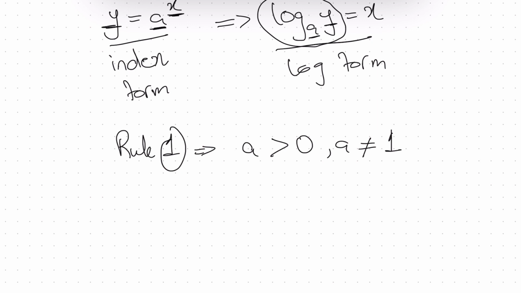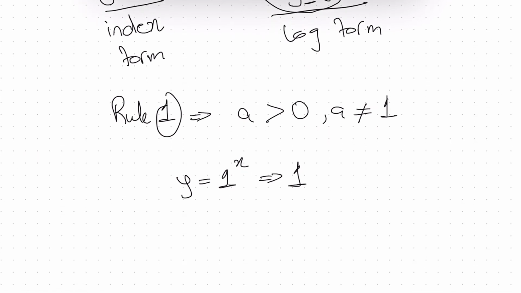Okay, so let's say over here I basically try to put y equals 1 power x. Now, no matter what value of x I put in, okay, I will always get the answer 1.